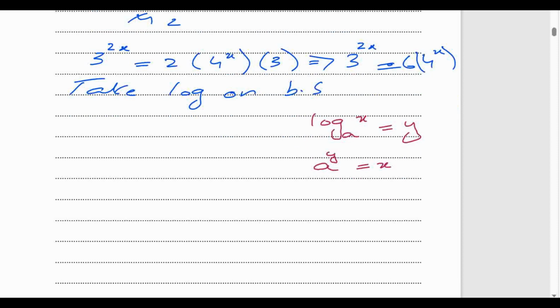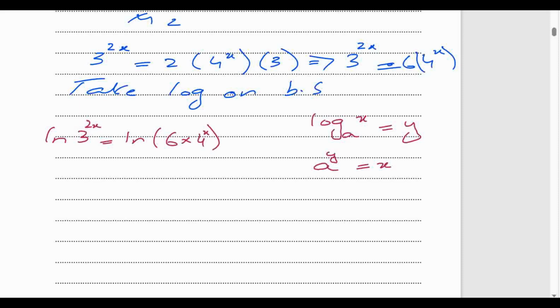So we can write it as natural log of 3 power 2x is equal to natural log of 6 into 4 power x.